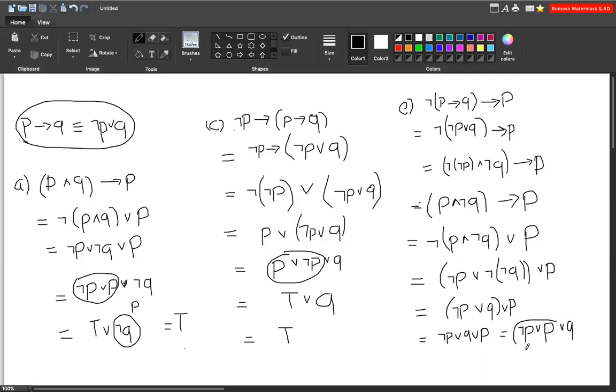Now this thing over here, we know that this is true. So true or Q. Anything ORed with true, like we saw here, is true. Okay, so this is how you can solve propositional logic using those equivalences instead of the truth table. Questions?